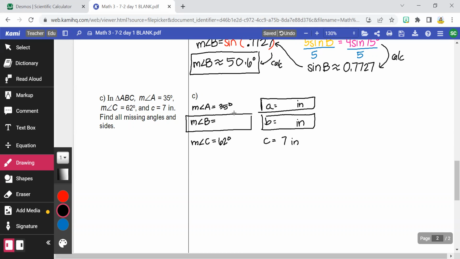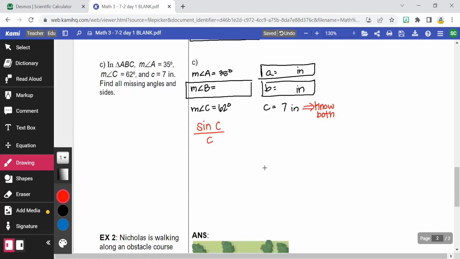Okay, so what I want to think about is, since I know both, I'm going to use sine of C over C to solve for whatever I need to solve for.